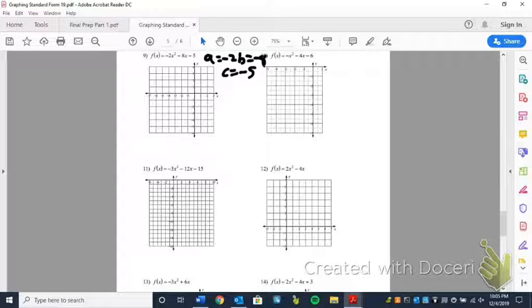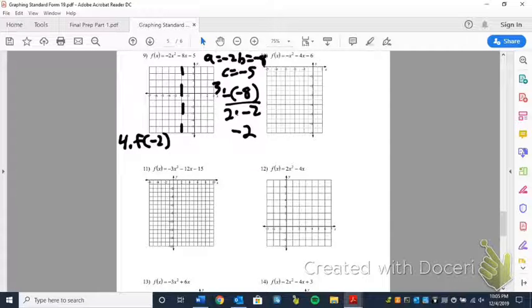Okay. Step 3, solve for negative b over 2a. So that's going to give us negative 2, because we add positive 8 over negative 4, which is negative 2. So that means our axis of symmetry is at negative 2, and that's what we're graphing, x equals negative 2.